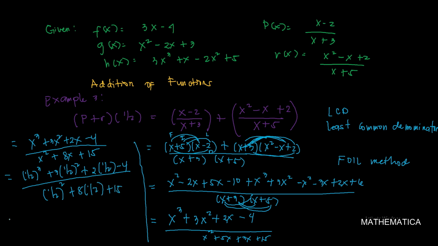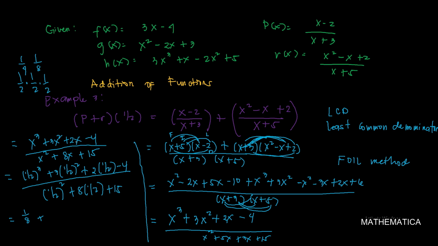So, simplify muna natin yung sa numerator natin. So, 1/2 cubed, magkakaroon tayo ng 1 over 8. Paano nangyari yon? So, meron tayong 1/2 multiplied by 1/2 multiplied by 1/2. So, 1/2 multiplied by 1/2, we have 1/4. 1/4 multiplied by 1/2, we have 1 over 8. So, plus, pagka 1/2 squared, we have 1/4.